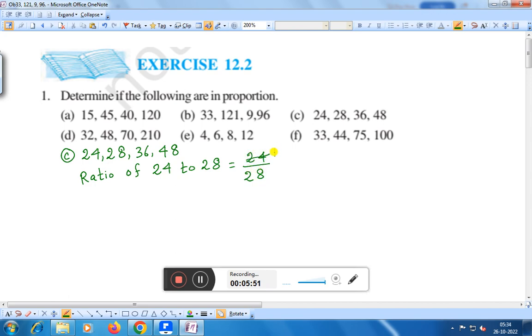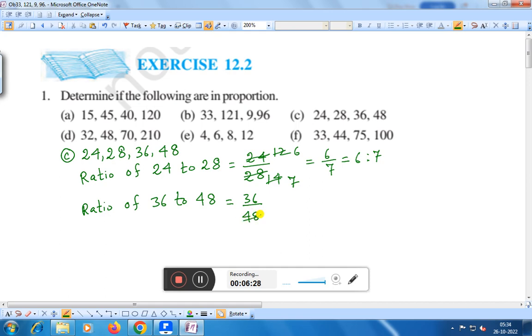Dividing by 4, 4 sixes are 24, 4 sevens are 28. That is equal to 6 by 7, or you can write it as 6 is to 7. Now ratio of 36 to 48 is equal to 36 by 48.